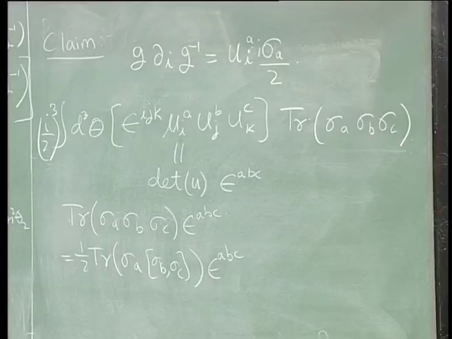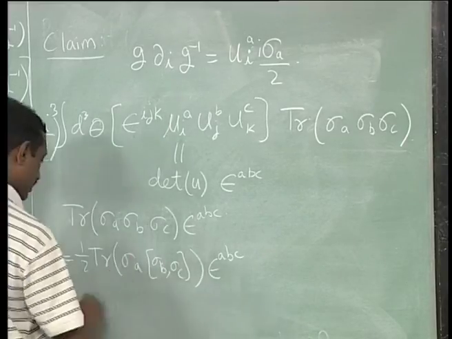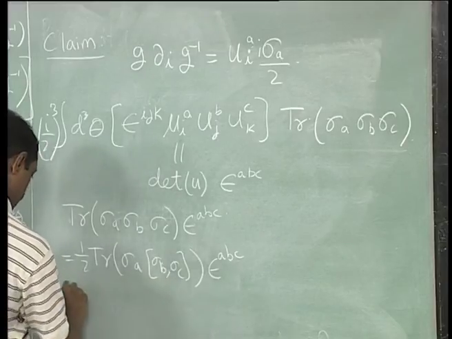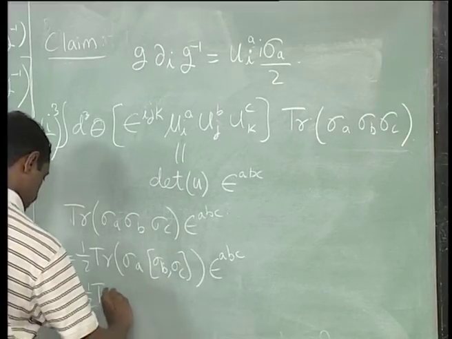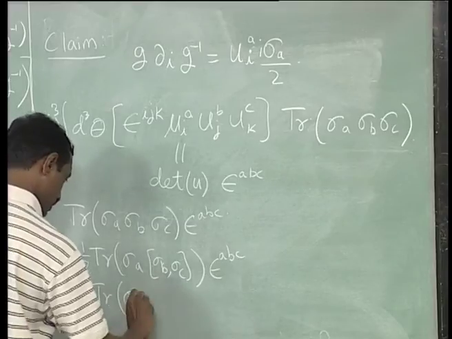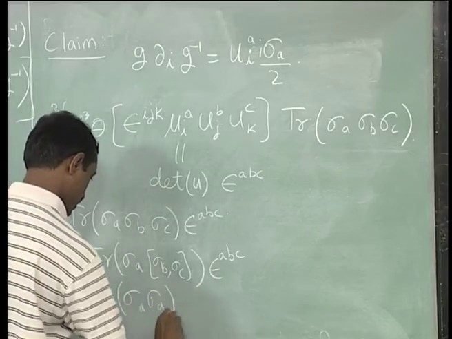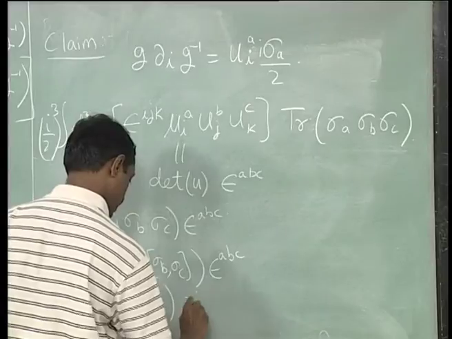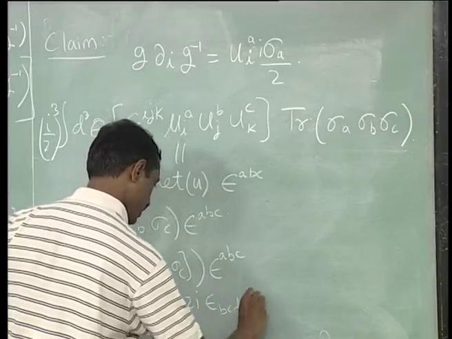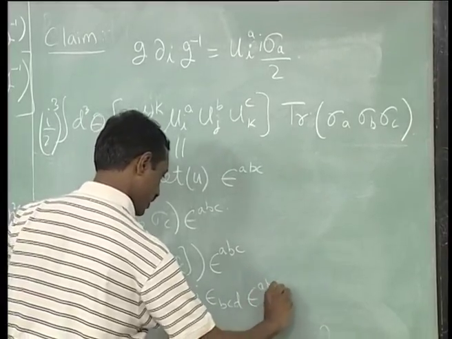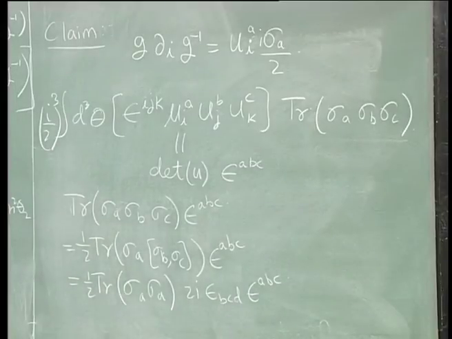What is the commutator of two Pauli matrices? It is 2i epsilon times sigma, so this is equal to 2i epsilon_bcd epsilon_abc times the trace of sigma_a sigma_d.